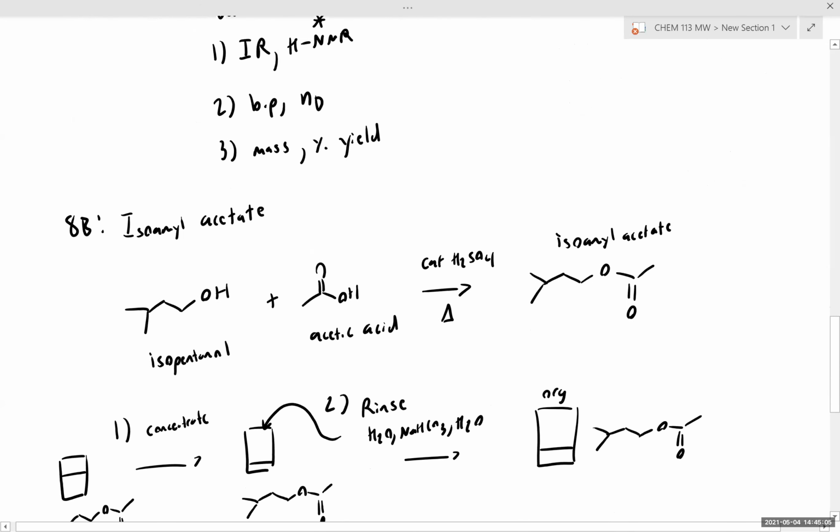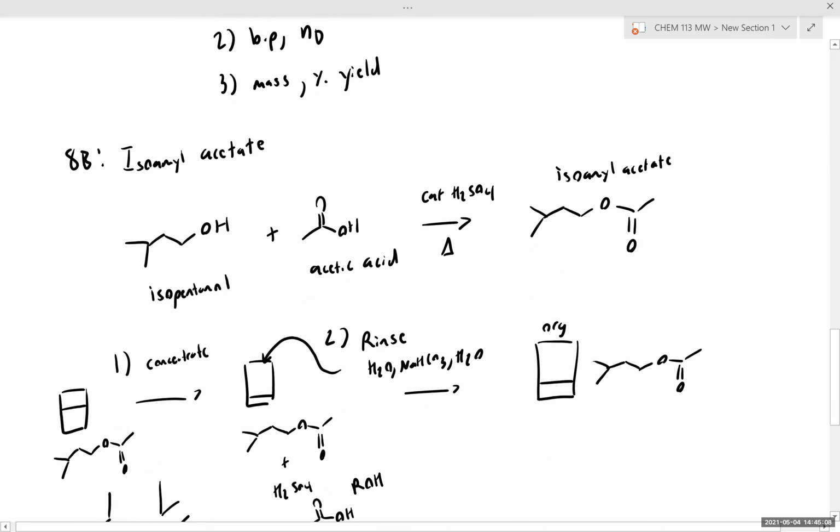So let's take a look at 8B, which is the synthesis of isoamyl acetate, also known as isopentyl acetate, which is a principal fragrance often responsible for a banana smell in many common fragrances and foodstuff commodities. Isoamyl acetate is also prepared through a Fischer esterification, this time between isopentanol and acetic acid using catalytic sulfuric acid and heat.